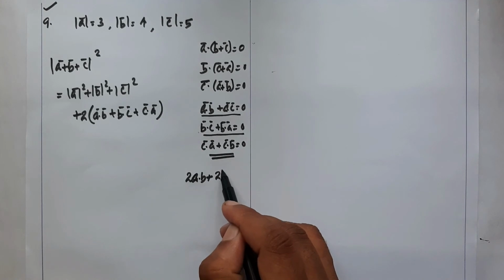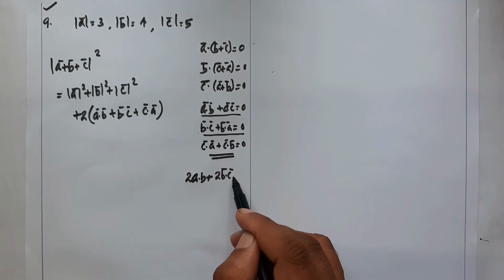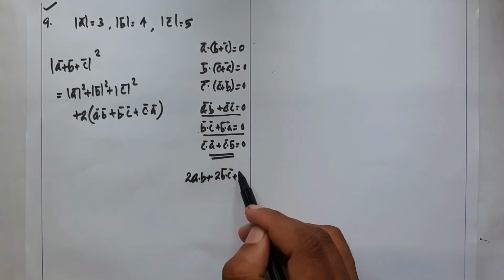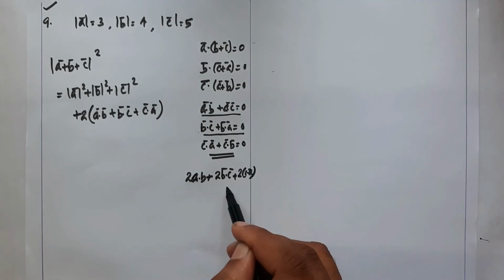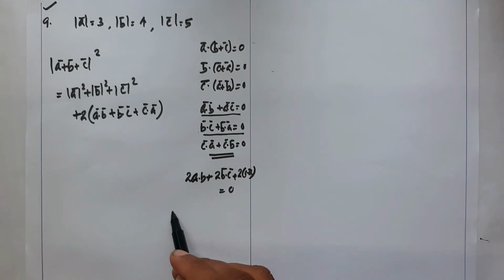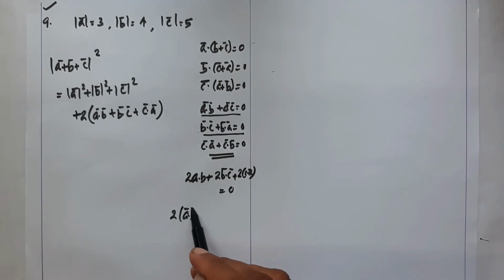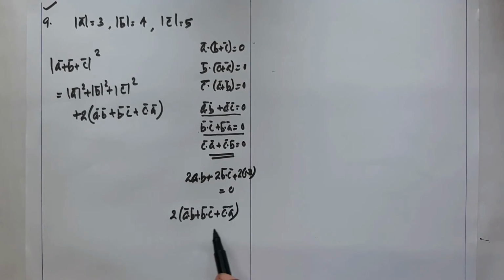Adding, we get 2 into B dot C plus 2 into C dot A, so 2 into (A dot B plus B dot C plus C dot A) is equal to 0.